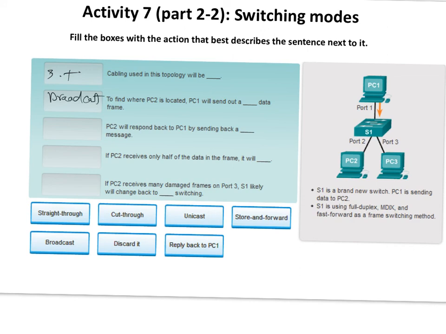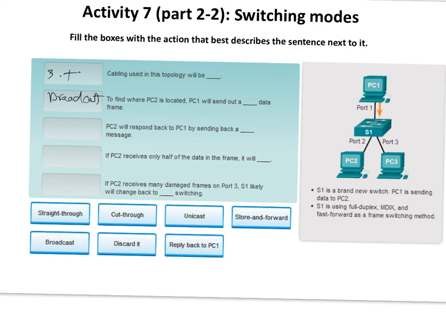But if PC1 knows the MAC address, then this will be unicast. The switch, if it doesn't know where this MAC address is located, will broadcast, or flood to all ports. Okay? So we assume from this wording that PC1 doesn't know the physical address of PC2.